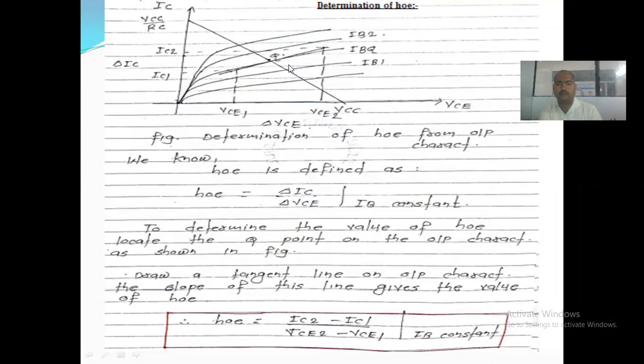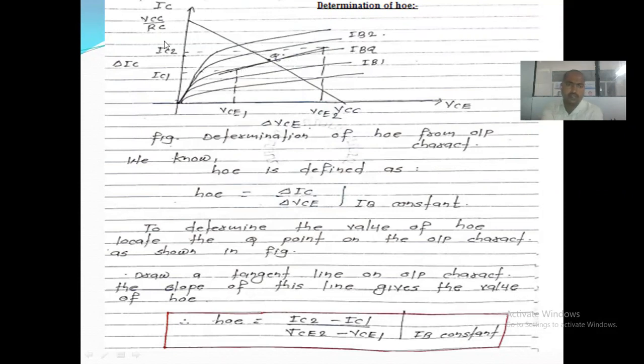For that purpose, we have to draw a tangent line on the output characteristic. See, this is the tangent line on this characteristic at the Q point. We have to draw the tangent at the Q point, as this is the Q point. We have drawn the tangent.